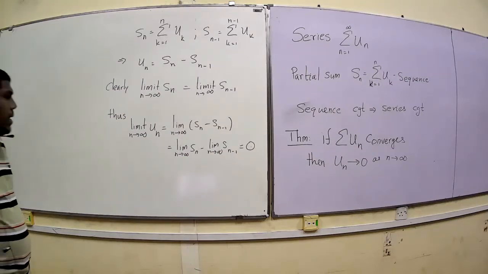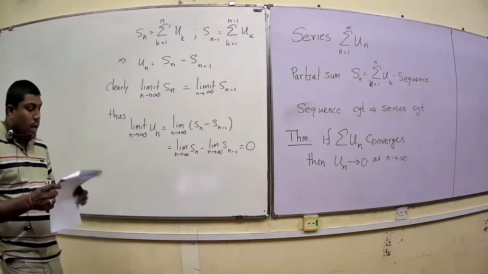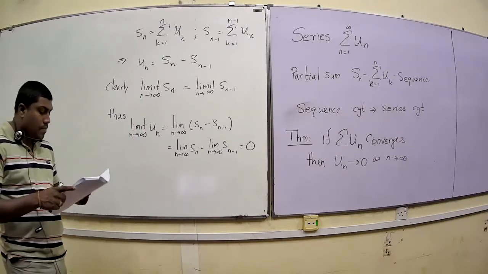So then clearly you can see that it is 0. So the limit of un is 0.